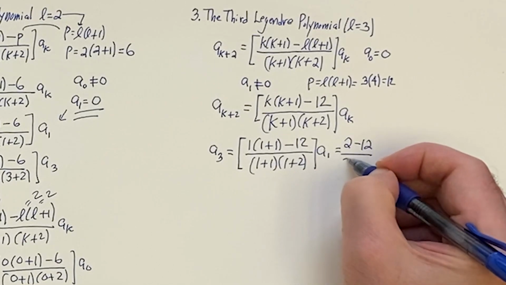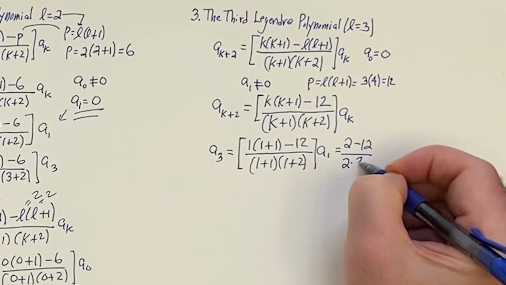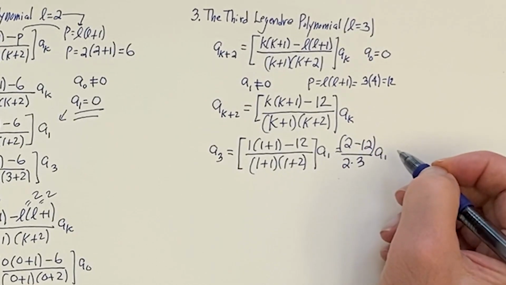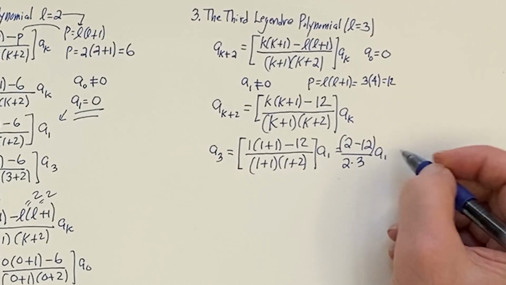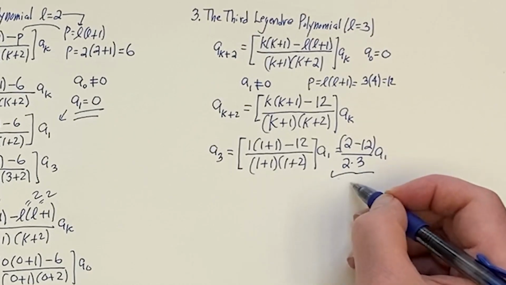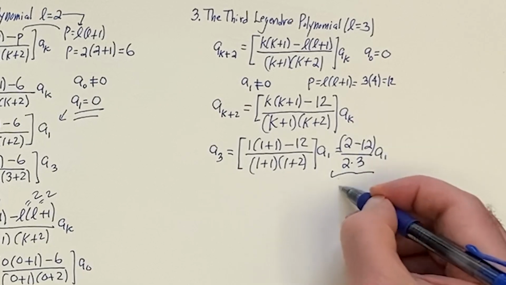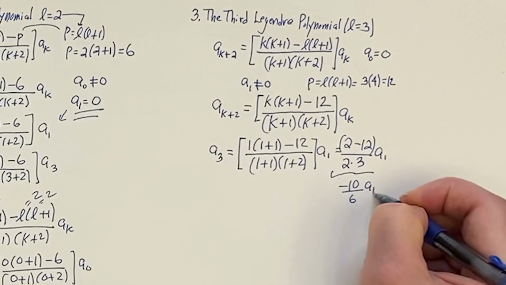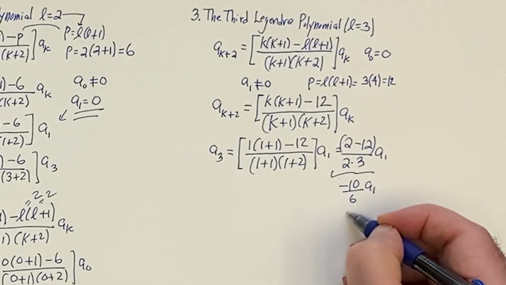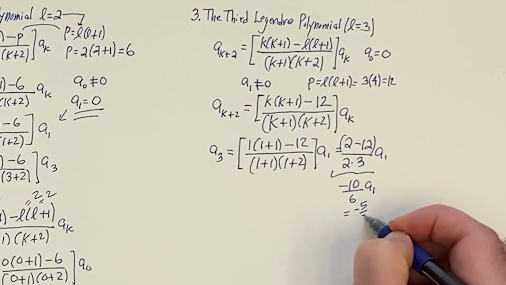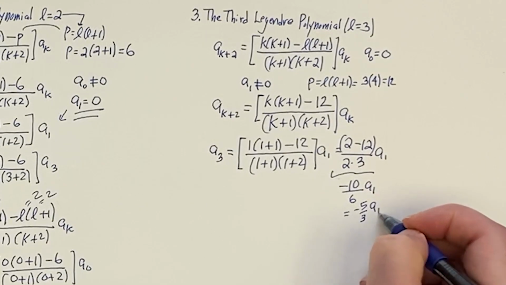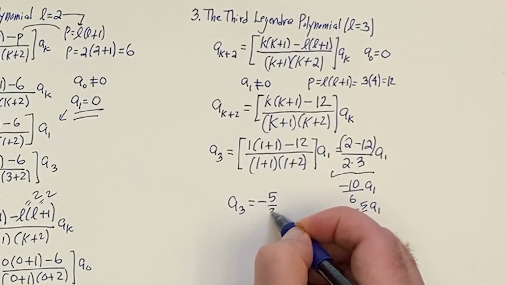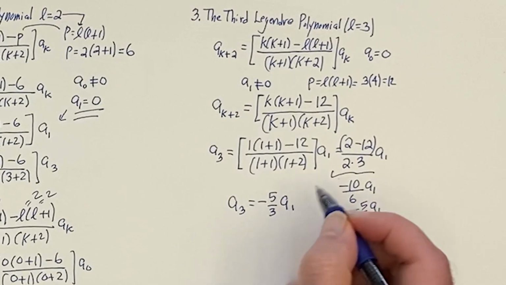Down here we're going to have 2 times 3. So that's going to get us here. This is a minus 10 over 6. And that would be a minus 5/3. So A3 is a minus 5/3 A1.